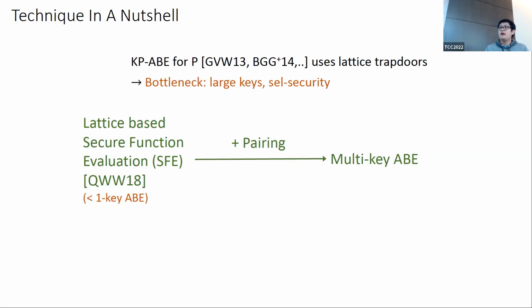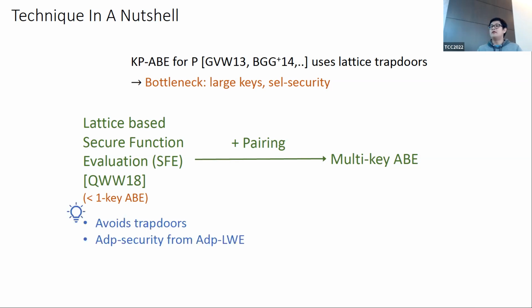Note that the known KP-ABE schemes for P use the celebrated lattice trapdoor technique, but this also creates a bottleneck, because the trapdoors, which usually live in the secret key, have size polynomial in D. So the keys are large, and we only know how to show selective security when the trapdoors are involved.